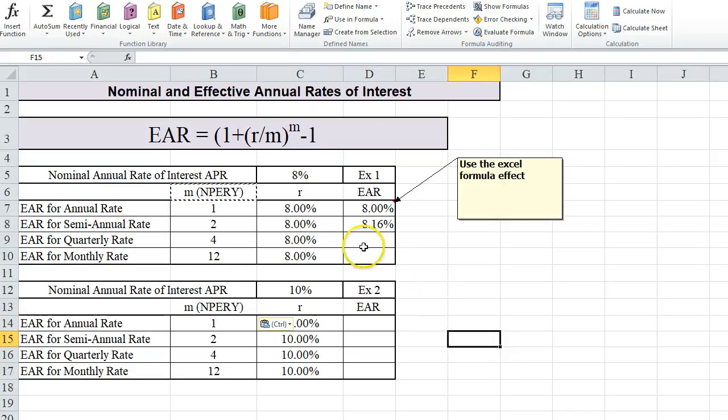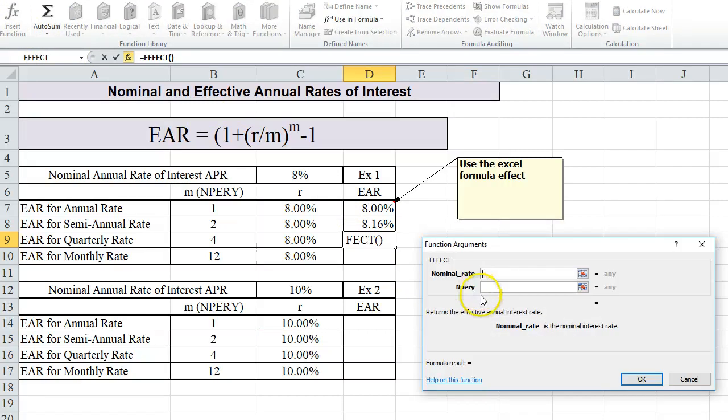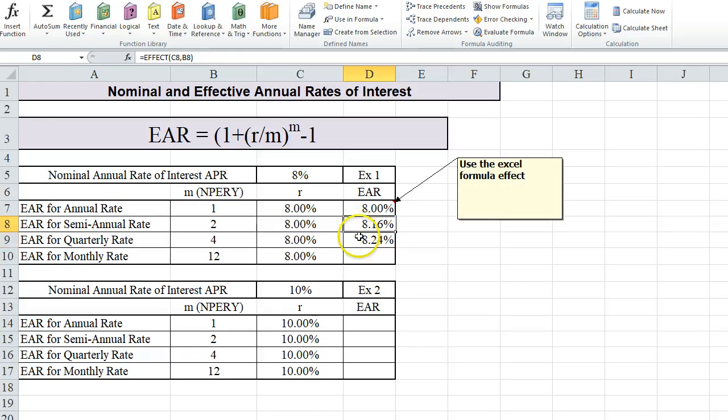Okay. So again, let's do this one more time. I'm going to insert the effect function. It's looking for nominal rate. So this is the nominal rate and the m per y. And this is 4. Oh, actually, we want this to be 4. And we get our result, and you see how it goes up.